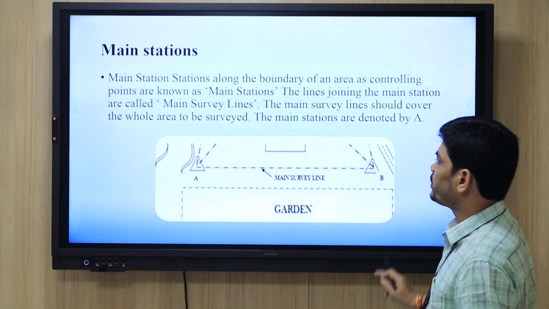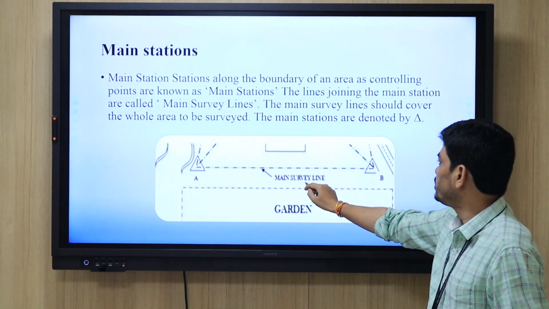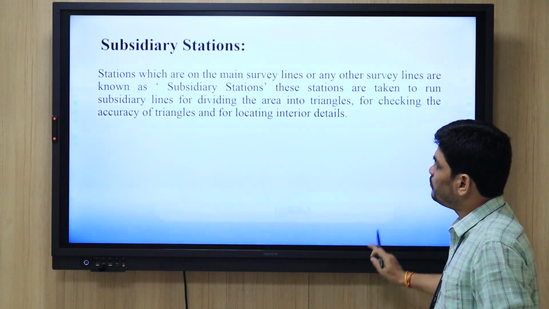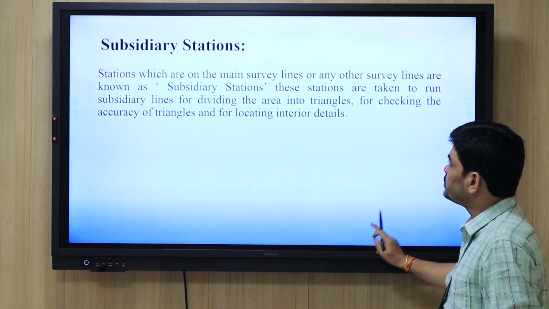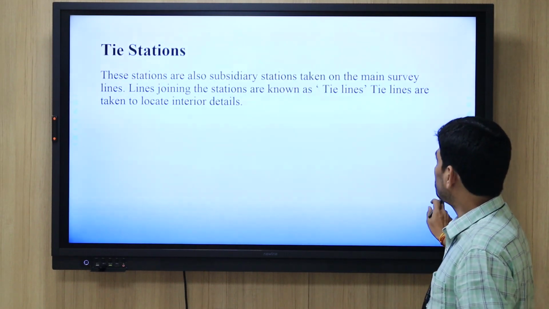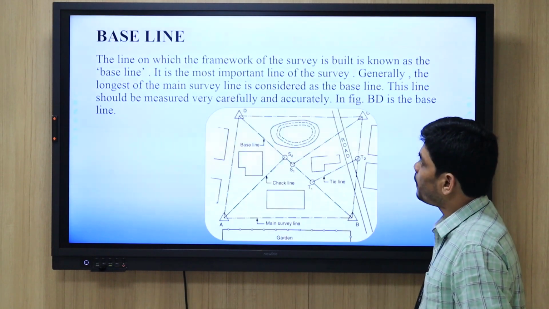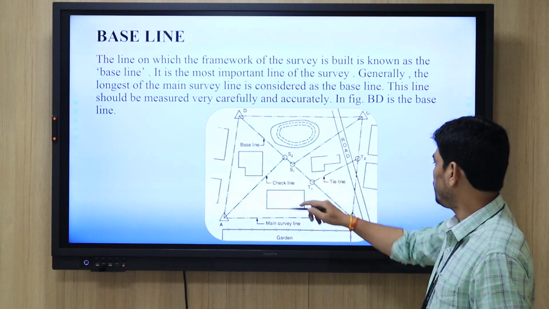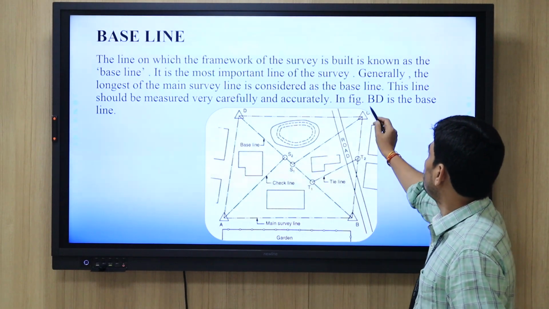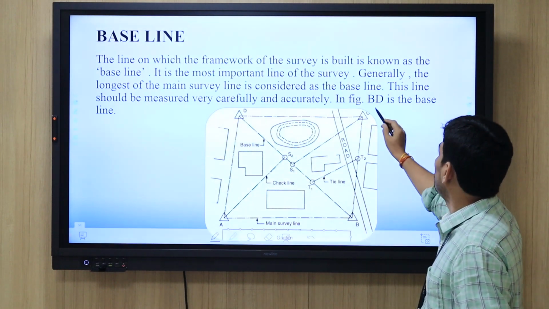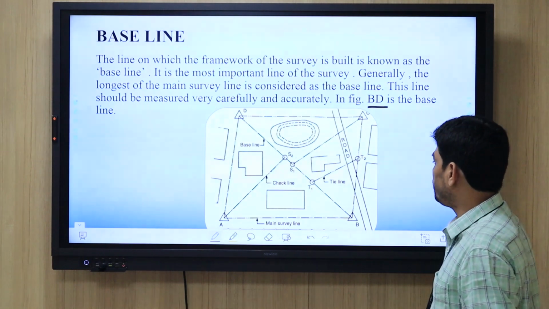In this diagram, you can clearly see main station, main survey line AB, subsidiary stations, tie stations, main survey line, base line BC. Here if you see BD, BD is a base line.